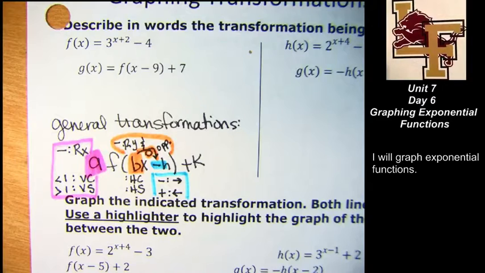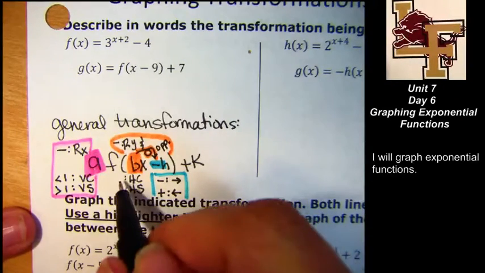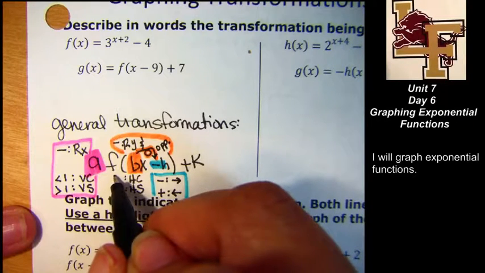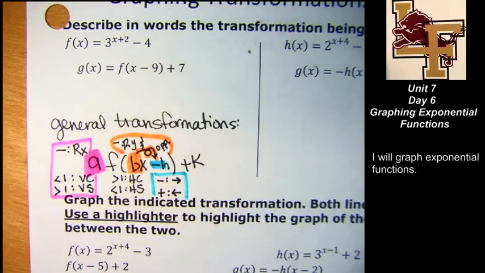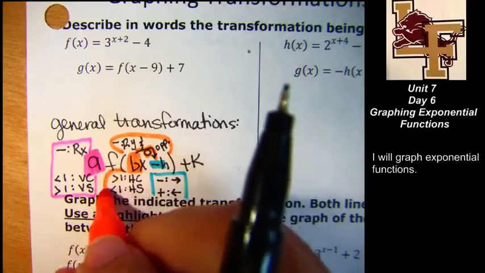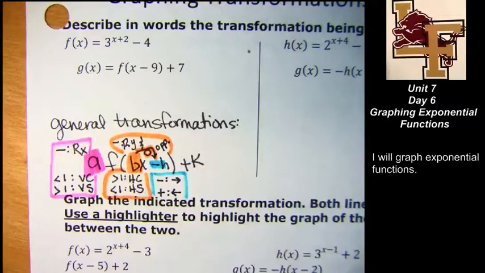So negatives shift it to the left and positives shift it to the right. Okay? Horizontal compressions happen when that is bigger than 1, and horizontal stretches happen when it's less than 1, which feels opposite of the A position.